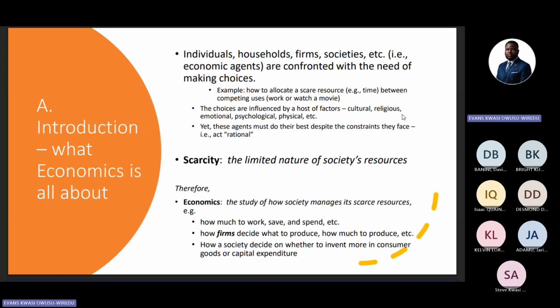We group them normally in three different kinds. So we have the individuals, we have the firms, and then we have the government. Individual, the corporations or the firms, and then the government or societies. You get it? So individuals or households, that's either you alone or your family, and then the corporate world, the businesses and the companies, right?